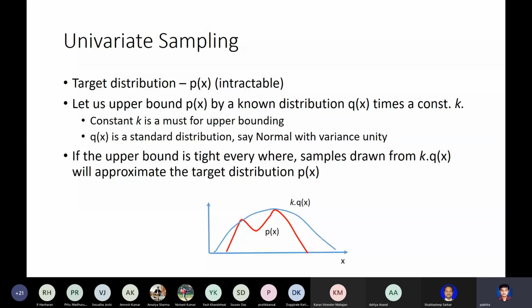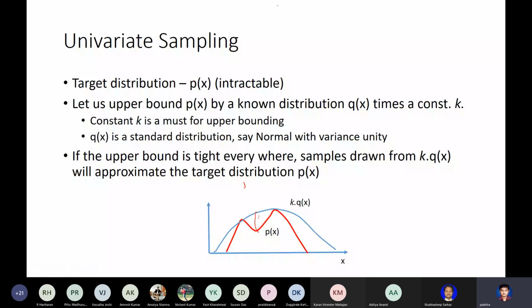In the regions where the upper bound is tight, the samples are good. But in this region where the upper bound is not so good, the samples are not a good approximation. So this will in general not give you a good sampling strategy.